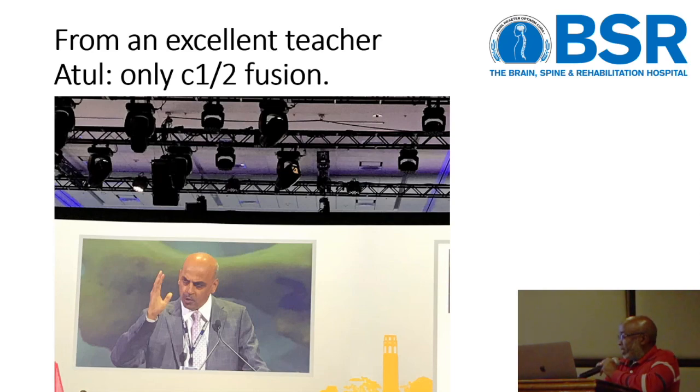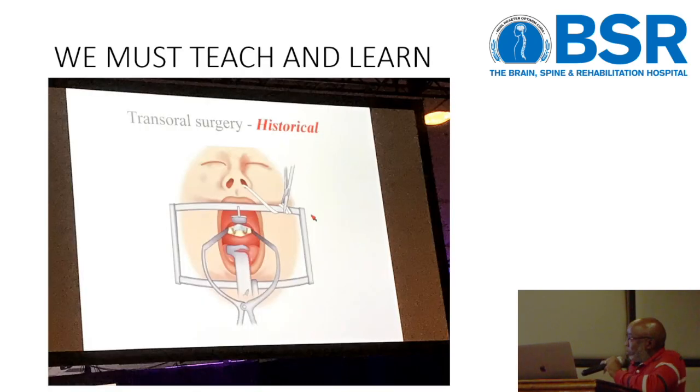He says that transoral should remain in history. But I think it is historical, yes. But for purposes of what I've shown, we must teach our younger colleagues, and even ourselves, we must be able to learn. Thank you.